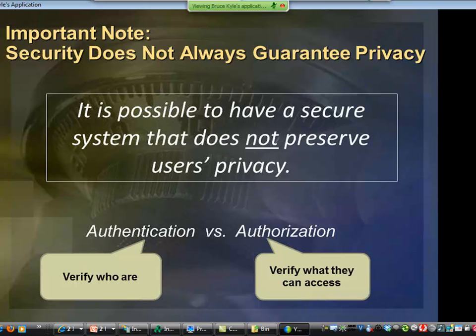For example, you may have an application that has credit card information, and if you pass it to a third party, you may do so securely, but you may not do so with the knowledge of the person whose private personal information you're shipping.